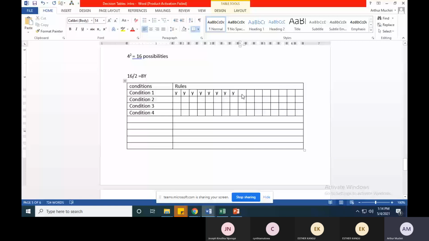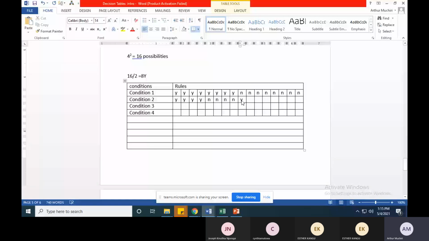Then the next one will be no, no, no, no, no, no, no, no. Then we have to break this one further. We're going to divide it into 2 again. Then we say yes, yes, yes, yes, and then the next one will be no, no, no, no, 4 times.